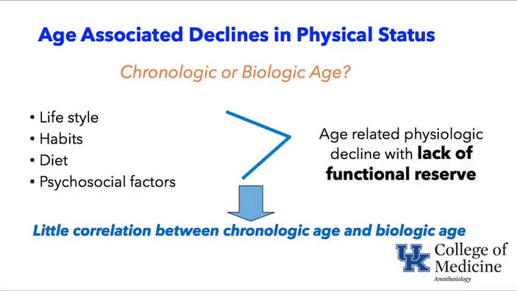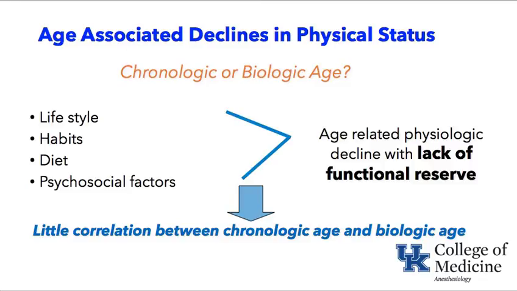The first thing to think about is the declines in physical status that occur with aging. Is it chronologic or biologic? In other words, is it just how many years old you are, or is it your biologic age? We all know 80-year-olds that have the biologic age of a 40-year-old and chronologically aged 40-year-olds that have the body of an 80-year-old.